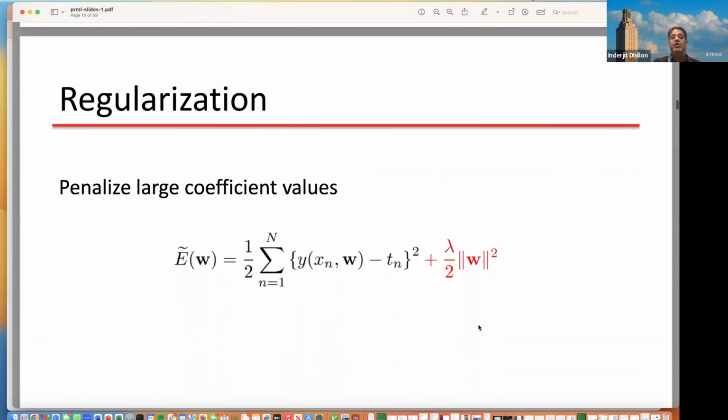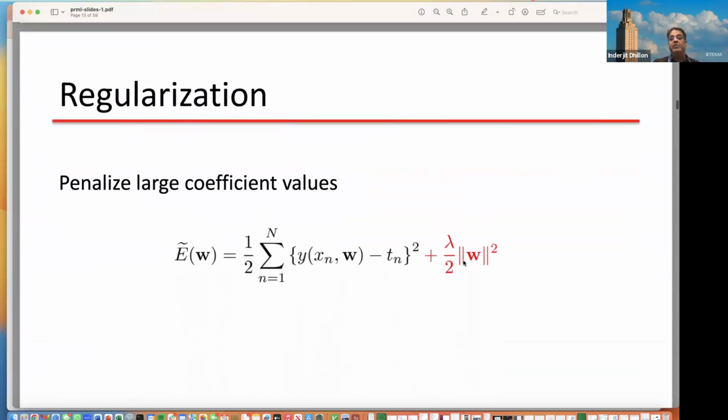This particular regularization, where this is the 2-norm square, is the ridge regularization. And lambda is a parameter that trades off between the fit to the training data and the complexity of the model.